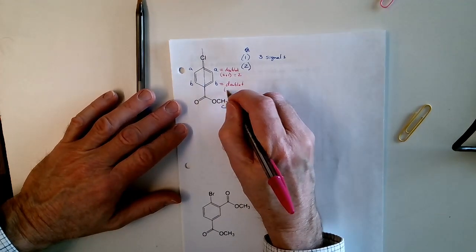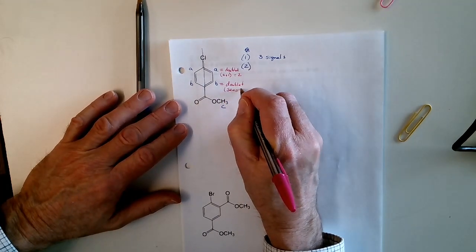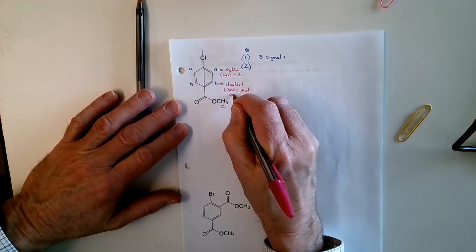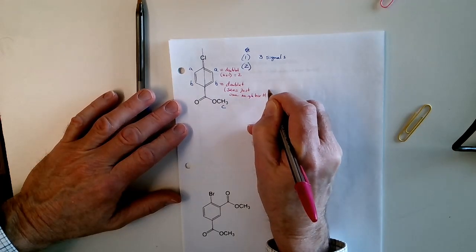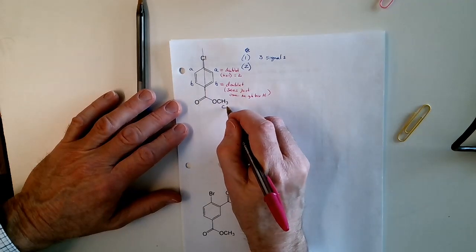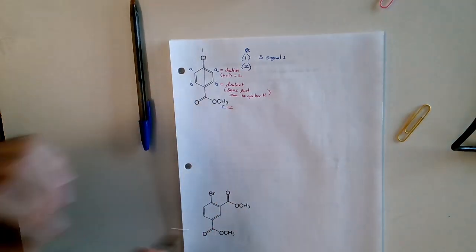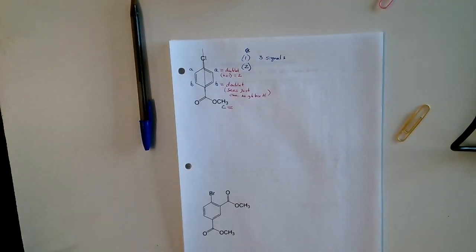Remember? Sees just 1 neighbor hydrogen.